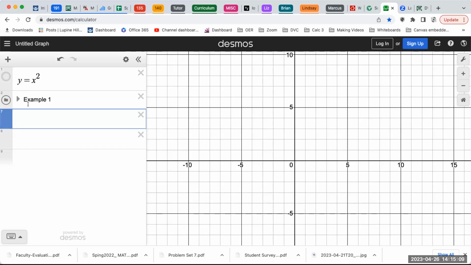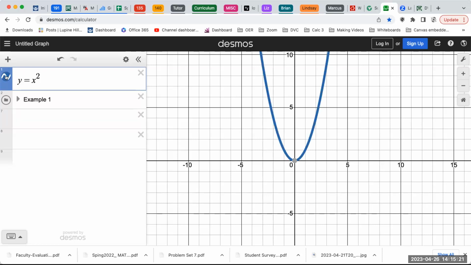Okay. So let's go off of what we know about graphs with equations. So here's an equation. By now you've seen this so many times that hopefully you have a picture of its graph. It's going to be the parabola. But remember, the parabola is a curve made up of an infinite number of points.